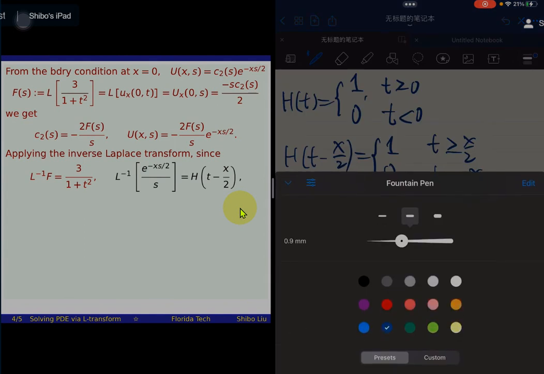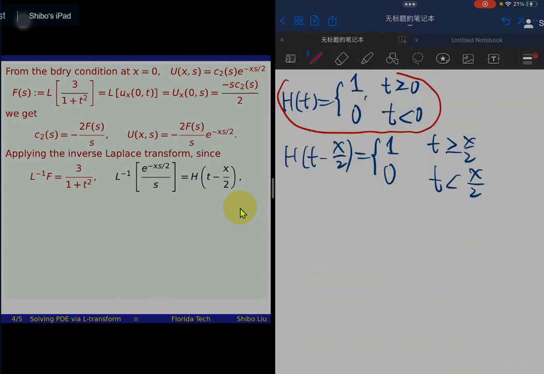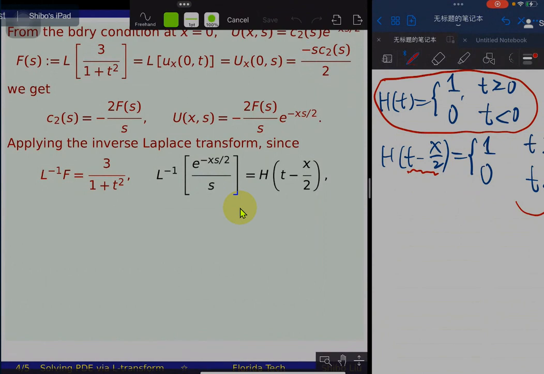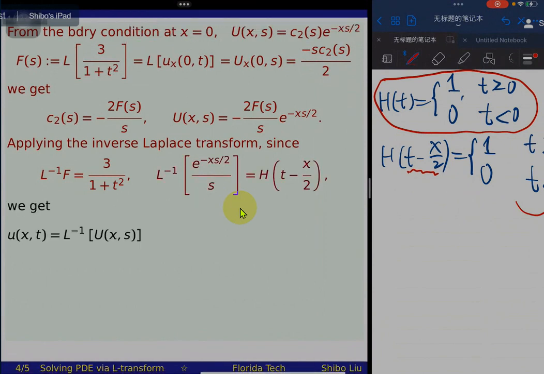The original definition is here, but substituting the argument by t minus half of x, you obtain this expression. Okay, that is our Heaviside function, that is the Laplace inverse transform of this function. We will use this. Therefore, we apply the inverse transform to capital U, as I said before, to obtain our small u, the unknown function, the solution of our PDE problem.